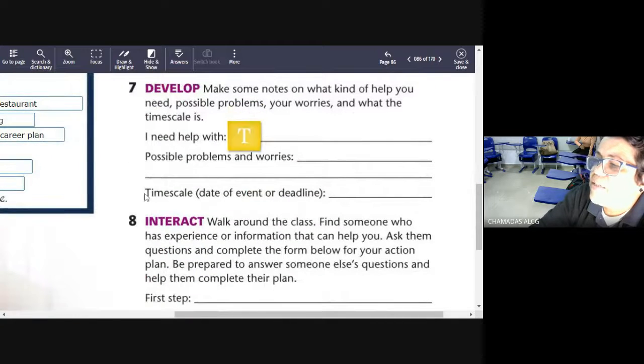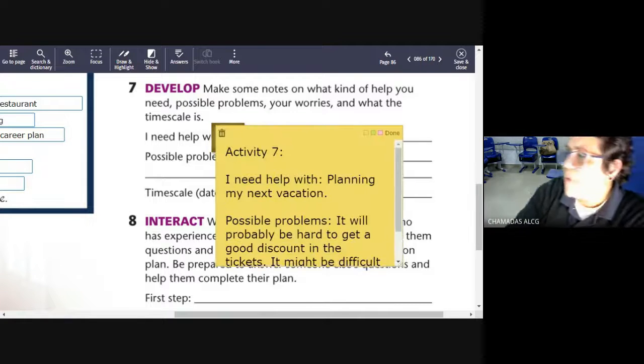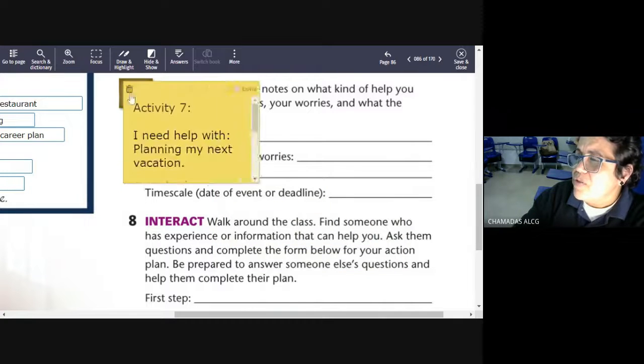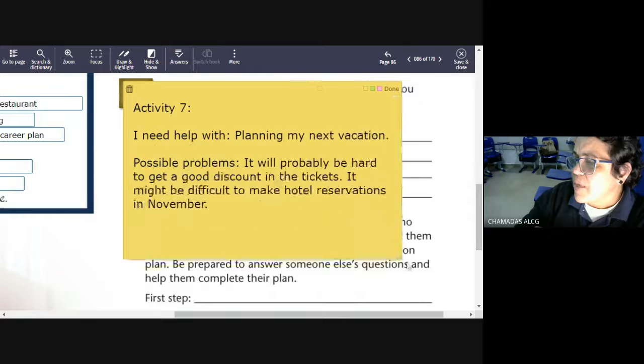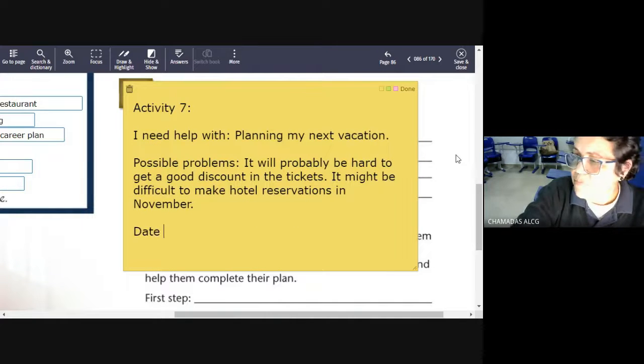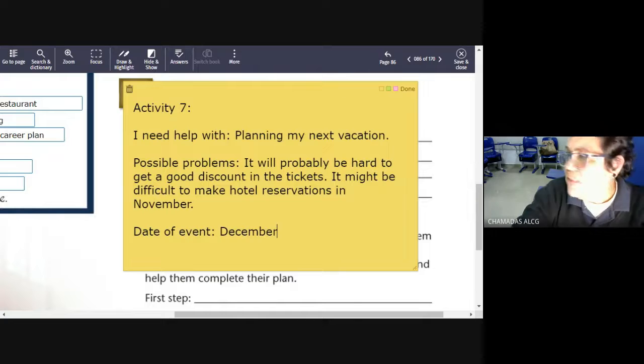And then time scale, date of event or deadline. So the date of the event we are planning is Christmas and New Year's, right? The last week of December. So let's write it down. December.